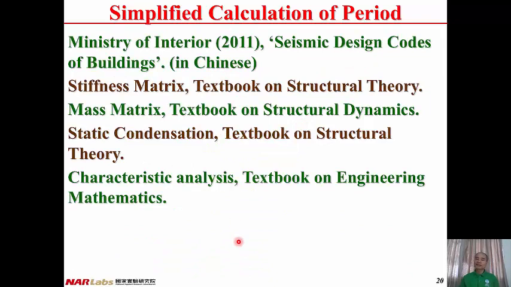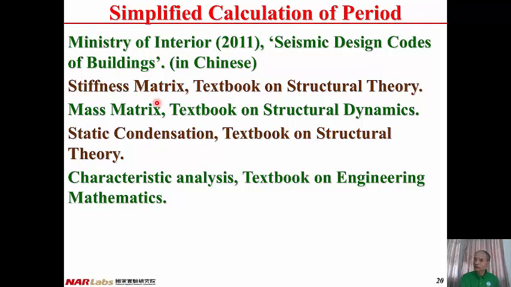And here are some references. The first one was published in 2011 by the Ministry of Interior. That's the Seismic Design Code of Buildings for Taiwan. This is in Chinese, and you can download it from the website of the Ministry of Interior. The second one is stiffness matrices.